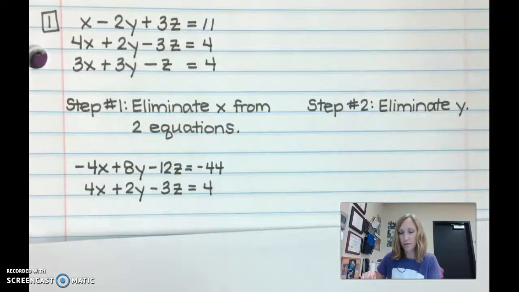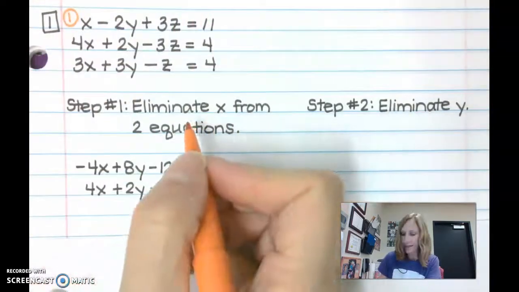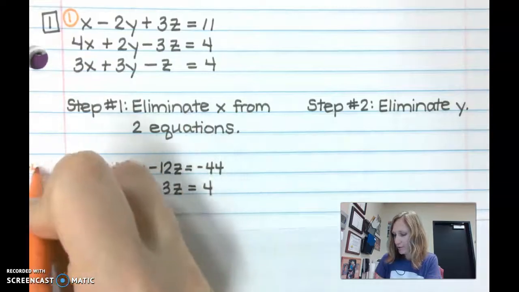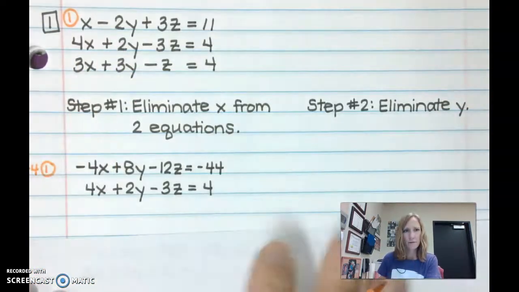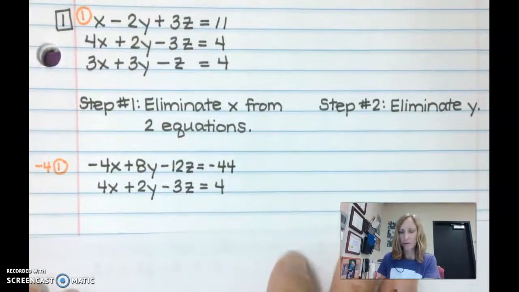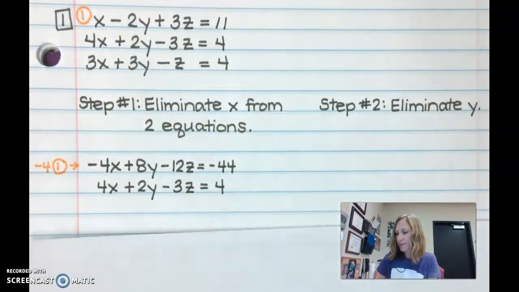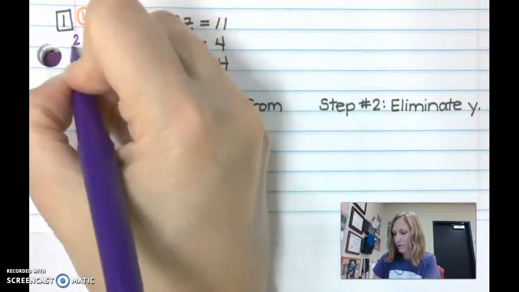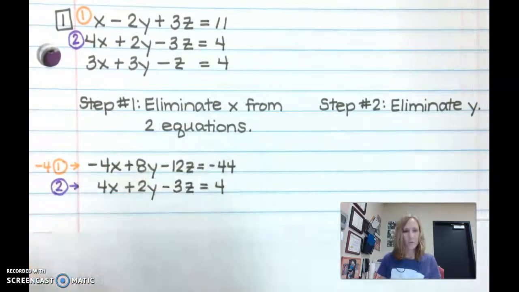So here's my original equation number 1. So I'm going to take negative 4 times that equation number 1. Sorry, I'm a little bit off my screen. There we go. And that's going to give me this new equation. I'm going to keep this second equation. We'll call this equation 2. I'm going to keep this exactly the same. So you can see where I'm getting my pieces from.